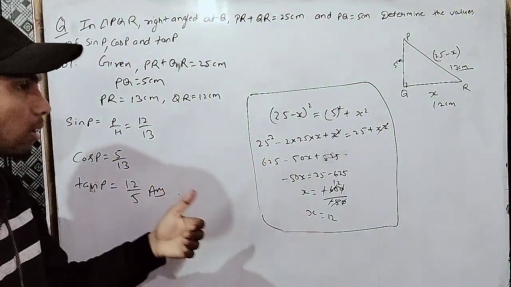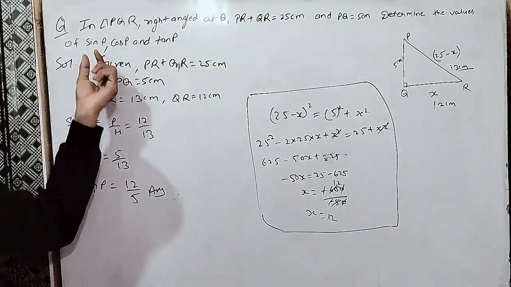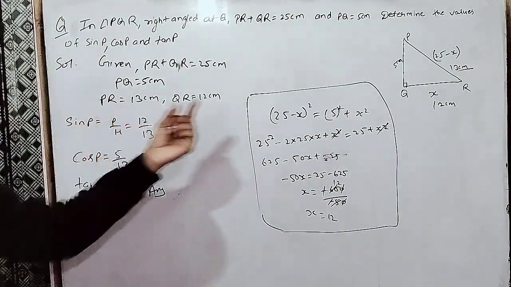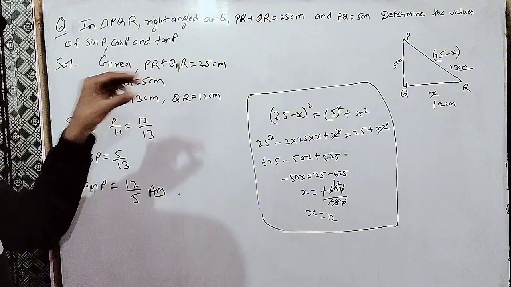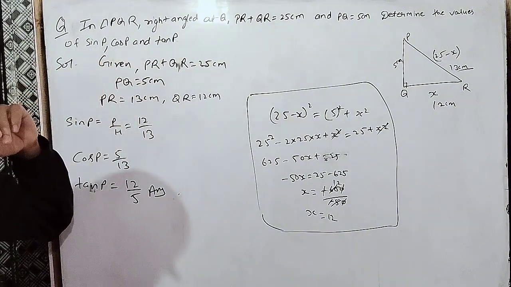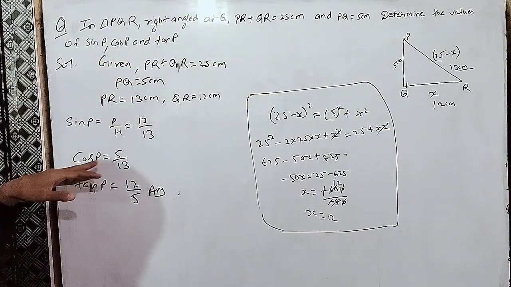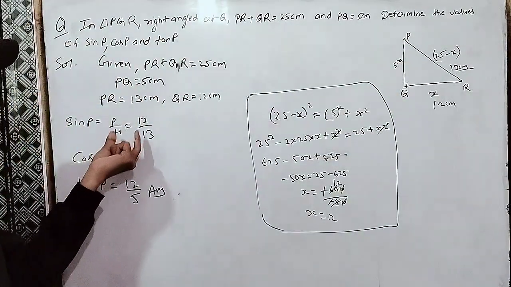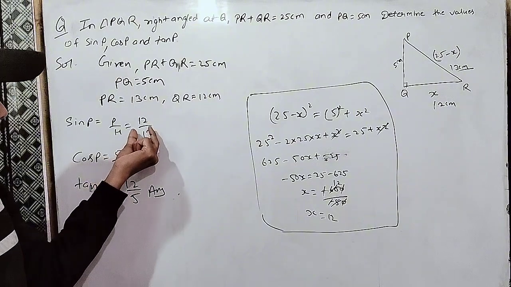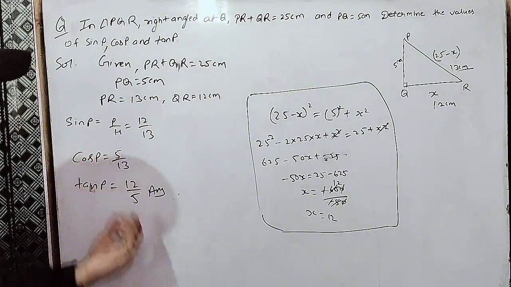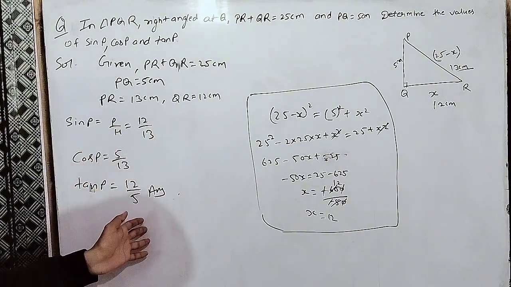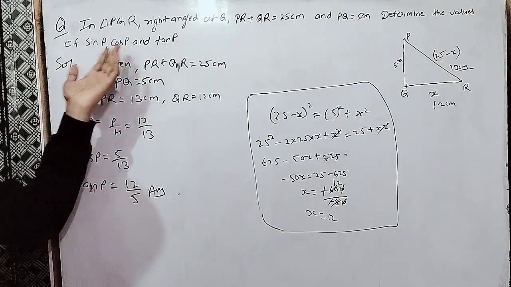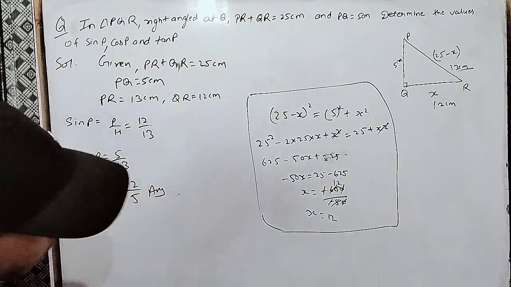Now we are able to find the ratio of sin P, cos P, and tan P. Our angle is at P for these three ratios. With the help of this angle, we wrote the ratios. Clear? That's it. The question was saying find out the value of these three ratios.